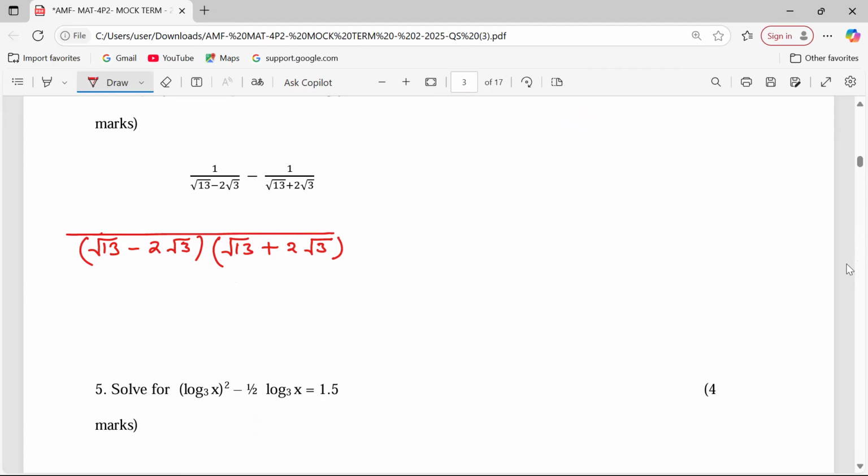Then with this LCM, we're supposed to divide the denominators, then times the numerator. So the LCM divided by the first denominator, the part with a minus shall simplify, and we shall remain with 1 times the root of 13 plus 2 the root of 3.